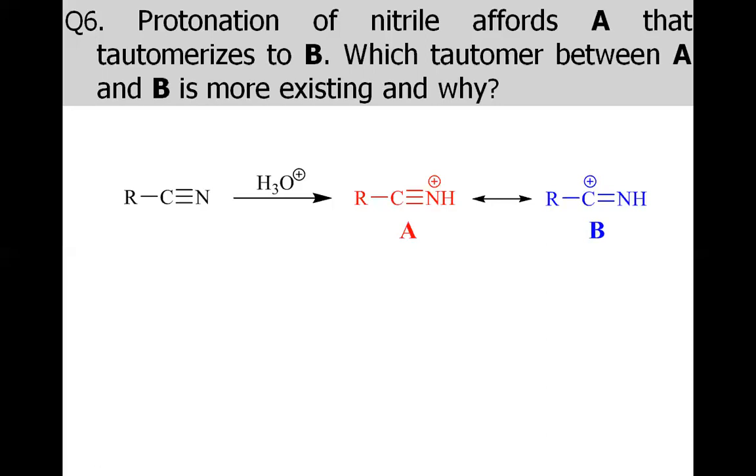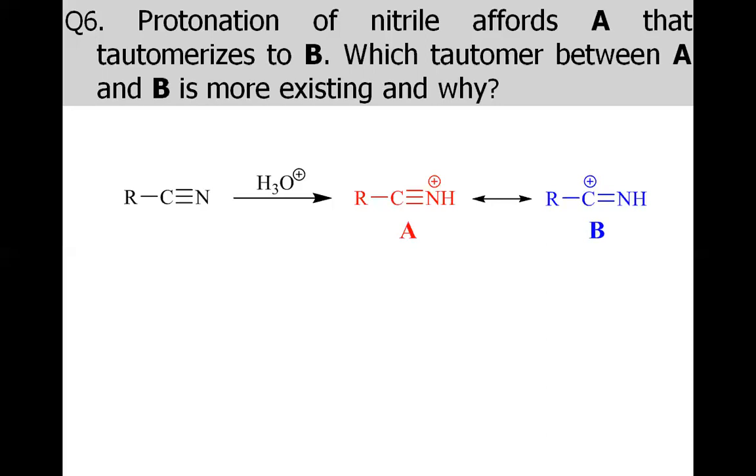And you also know that electronegative elements tend to remain neutral or negatively charged, but they do not tend to have the positive charge on them. So by this token, you must be thinking that tautomer B is better because nitrogen is neutral, but tautomer A is not better because in this case nitrogen is positively charged. So nitrogen, being more electronegative, is not more existing when we have the positive charge on this nitrogen.